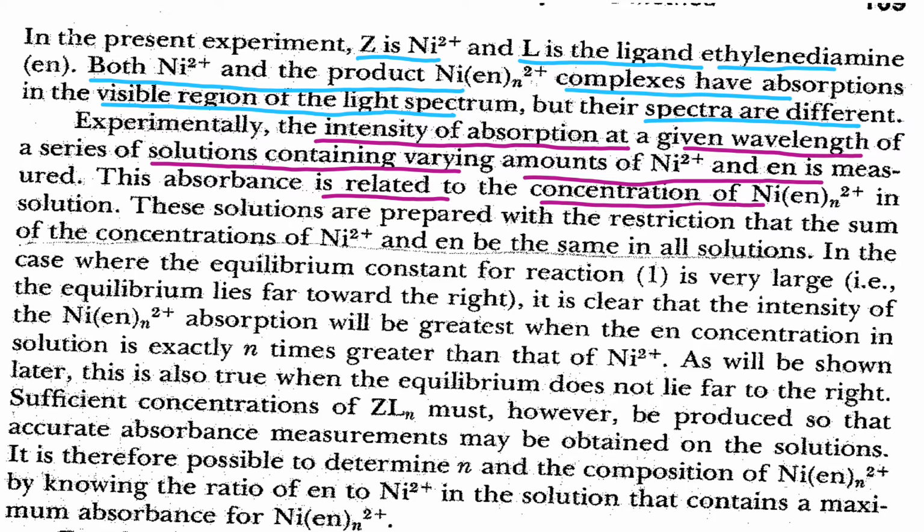Now we mix the nickel 2 plus and ethylene diamine to form Ni(ethylene diamine)n. n means 1 to 1, 2 to 1, 3 to 1, and the charge is 2 plus on the complex. Now we have different complexes with different intensities, with different lambda maxes in solution, depending on the ratio of the ligand to metal in solution.